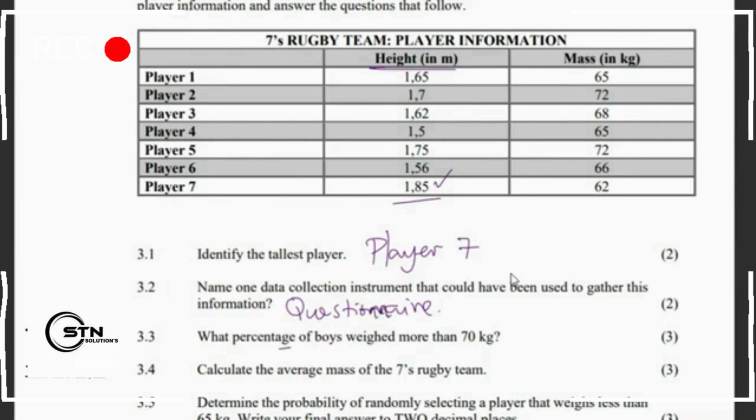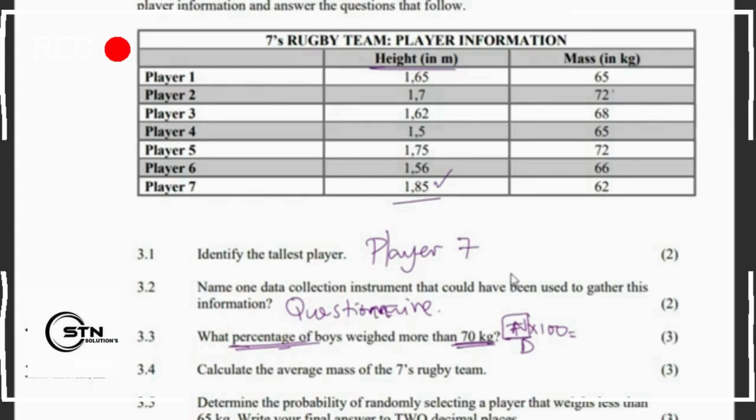Questionnaire was used. What percentage of boys weighed more than 70 kg? We are saying more than, and you're looking at the percentage. Percentage, we need to have a fraction. Afterwards, we multiply by 100. So we need a numerator and a denominator. So here we put the number of people that we are looking for, those who are above 70.